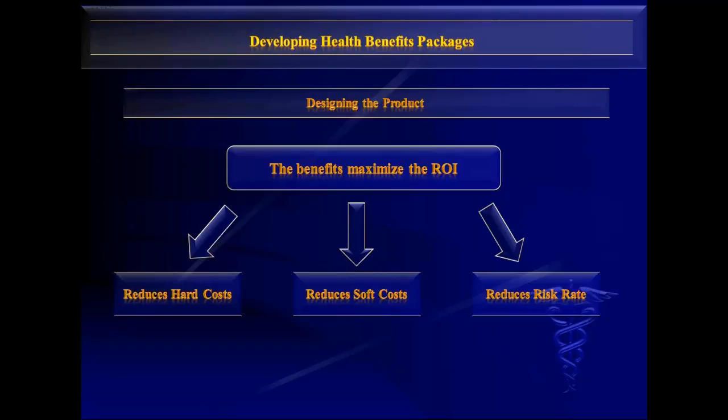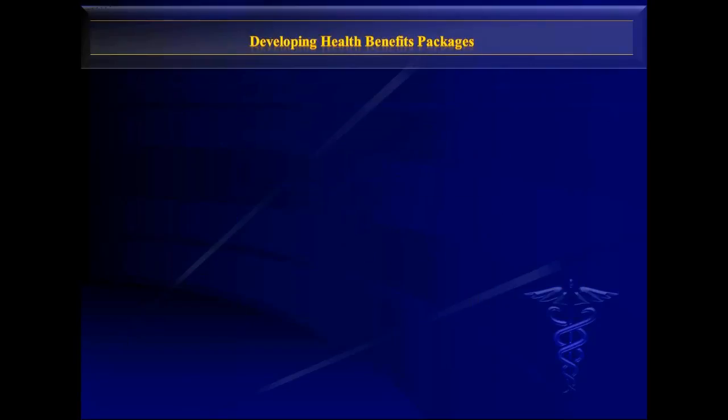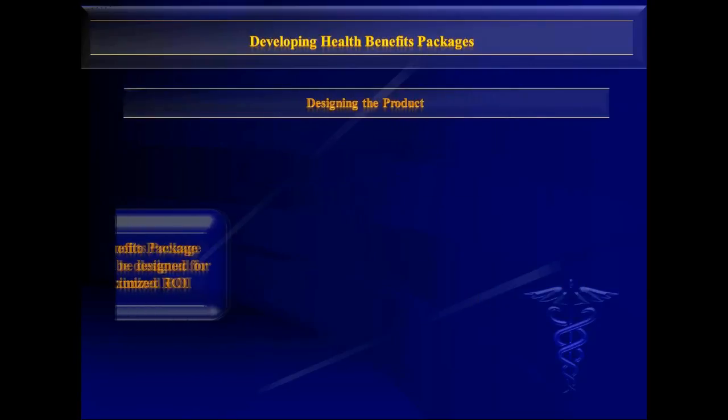That's why companies and agencies will offer benefits. That's why building relationships with employees maximizes the return on investment. That reduces the risk rate. Okay, that's how we'll go about designing the product.